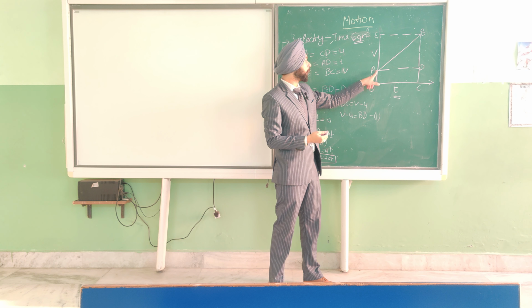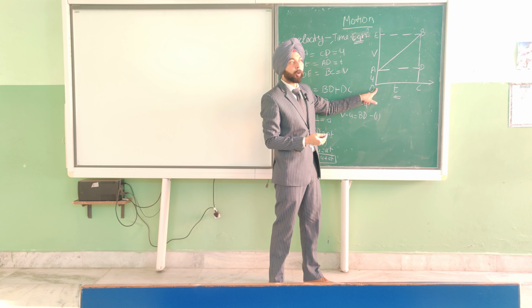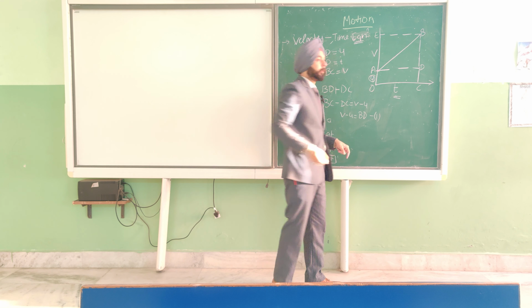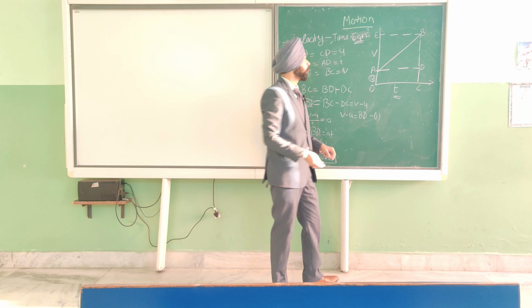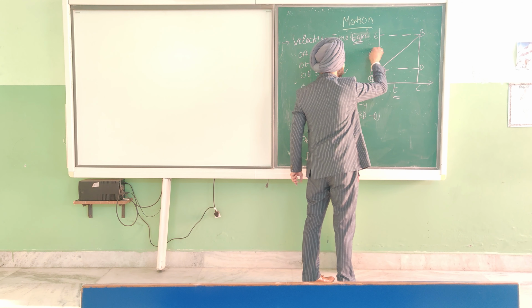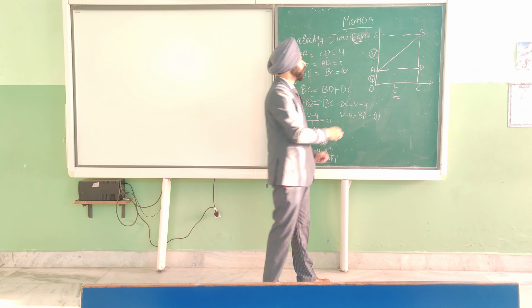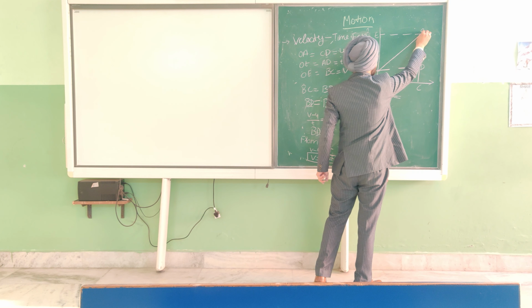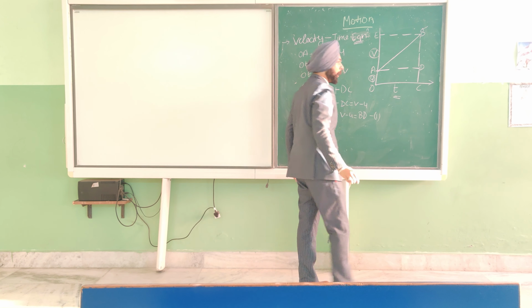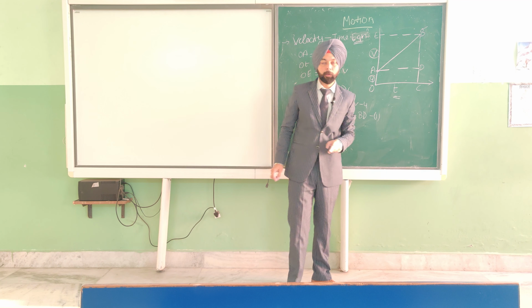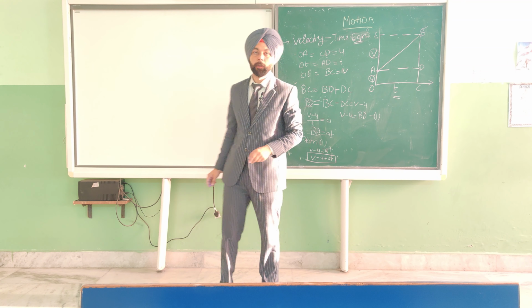After that it moves from O to A. The velocity is the initial velocity. Then it covers the next part, with the final velocity, and you can join this at B, and B from E, and at a perpendicular we can join C.